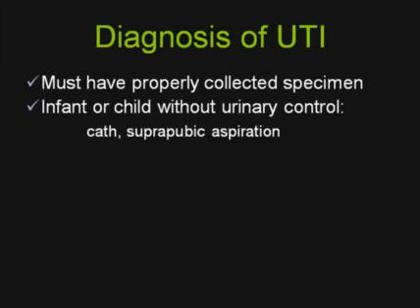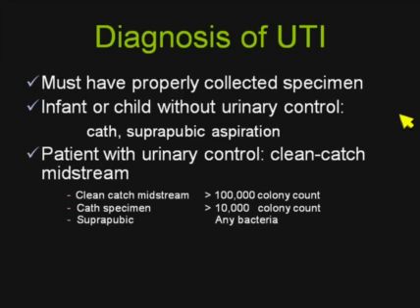In the child who does not have urinary control, a catheterized specimen is necessary. And at times, but very rarely, it's necessary to get a suprapubic aspiration if the urethra cannot be cannulated. In the patients who do have urinary control, a clean catch midstream is sufficient.